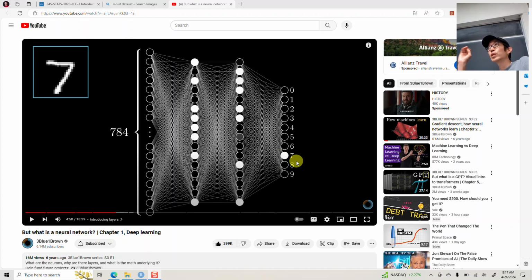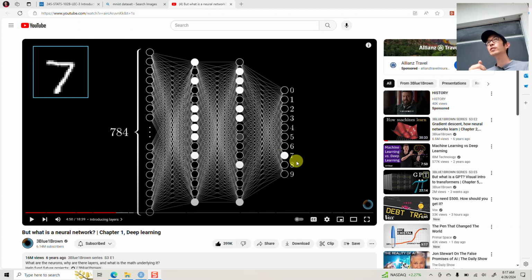Why can't you just have one node, and whatever number it outputs is the number that it should be? The reason is that if you have only one node, the way you measure something is incorrect is by measuring the distance between that value and the true value.